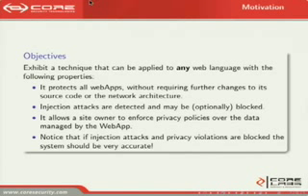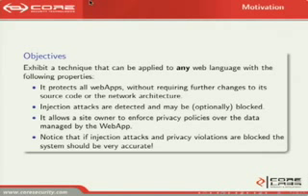So what were the objectives of our work? We wanted to develop a technique that protects all web applications without requiring modification of their source code, and without major changes to their network architecture. Injection attacks must be detected and may optionally be blocked. This should be configurable.